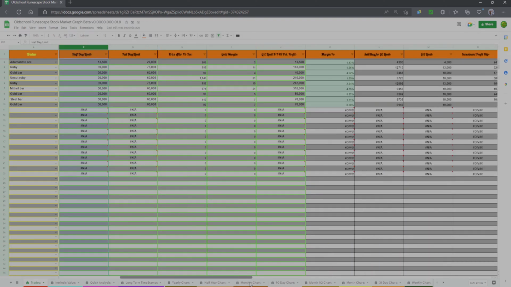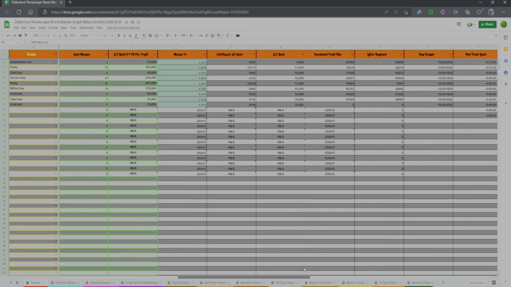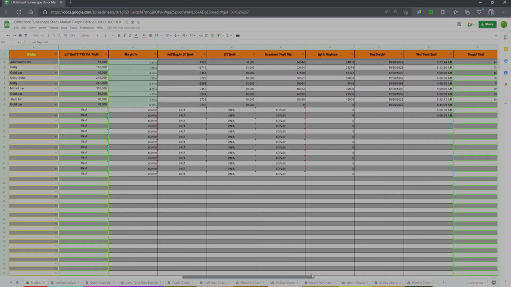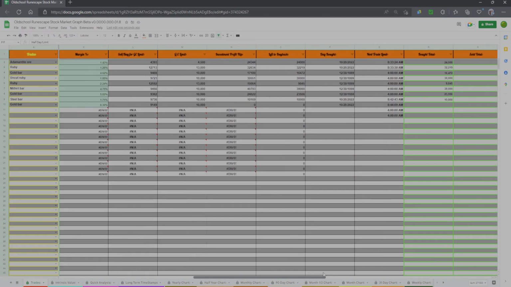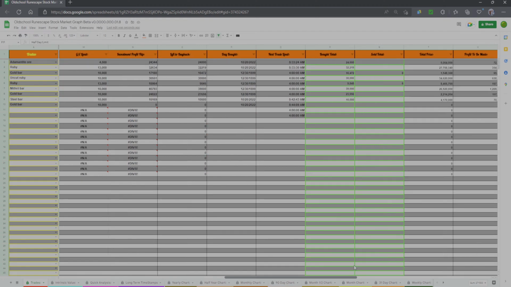The price, or the price after 1% tax, the gold margin, all this stuff existed before. The 4-hour potential profit, margins, the sell and buyback. That's not as important, but if you were to sell, let's say 13,000, you would be able to buy back X amount.